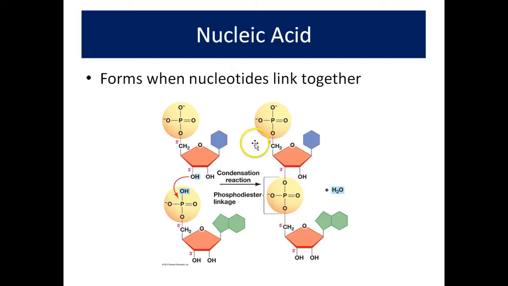And then the phosphate group. Here's the phosphodiester linkage, linking another sugar with its phosphate group and its nitrogenous base, which in this case is a purine.